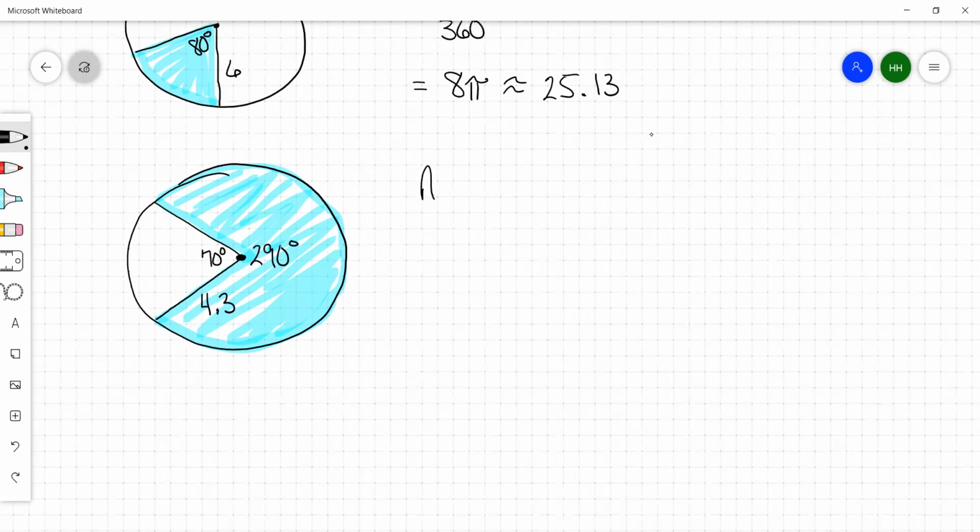So the area of the shaded region is equal to 290 over 360 times pi times the radius, which is 4.3 squared.